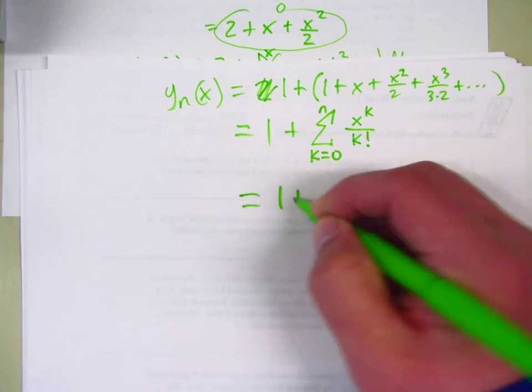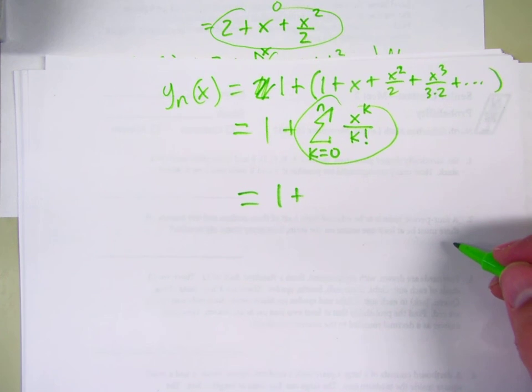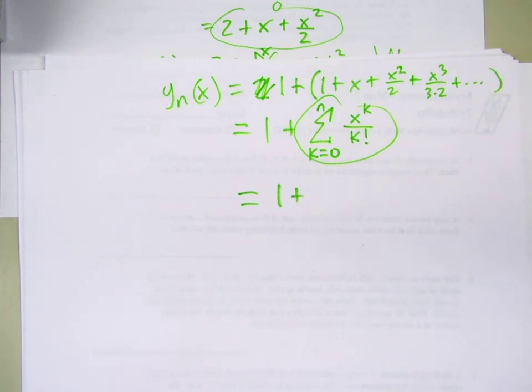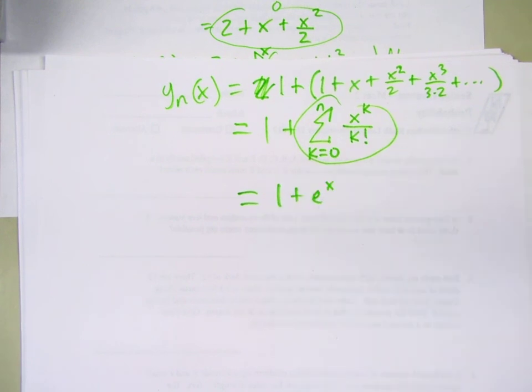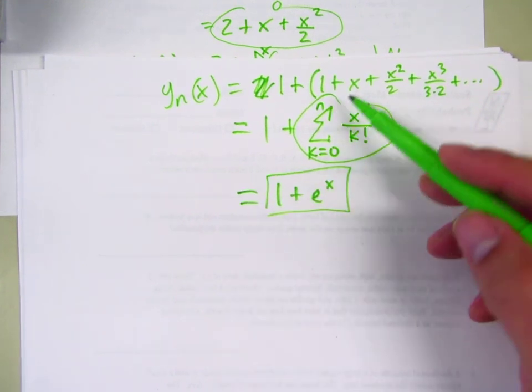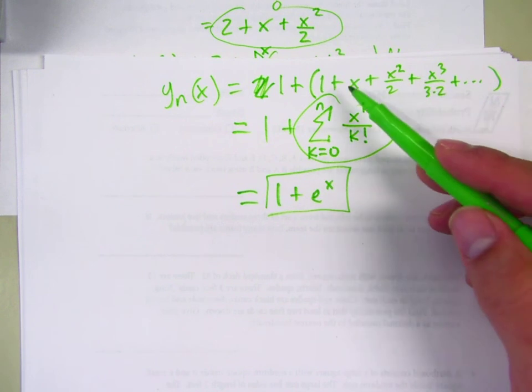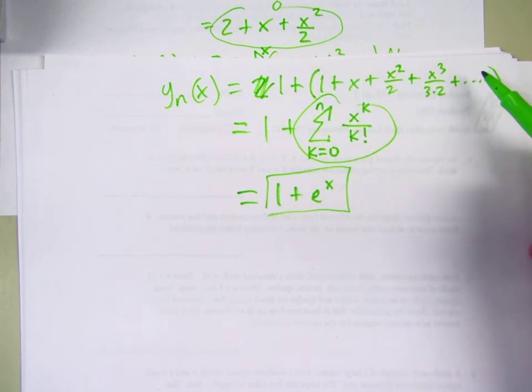By the way, what is this? It's one of the three that you're supposed to know. I always remember, if you see every single exponent, like 0, 1, 2, 3, 4, that's going to be an exponential function.